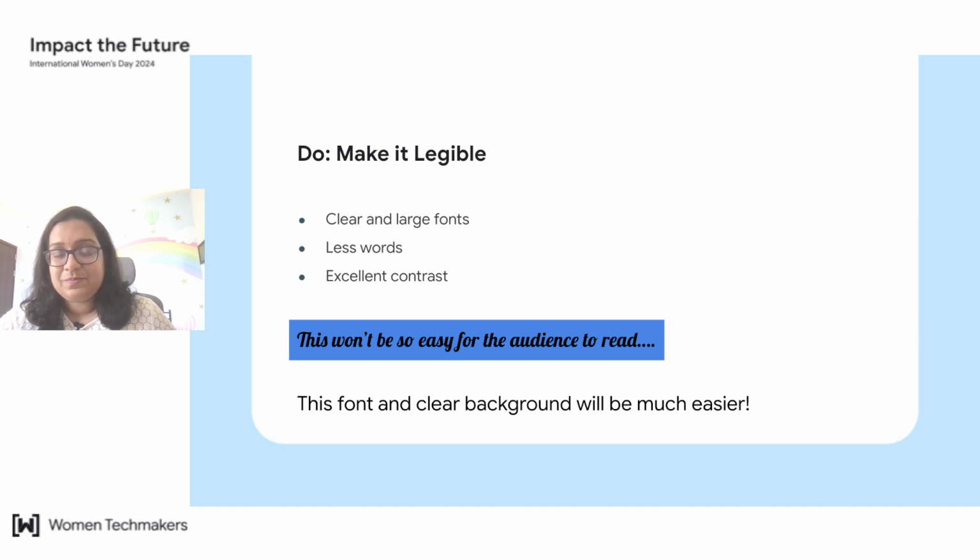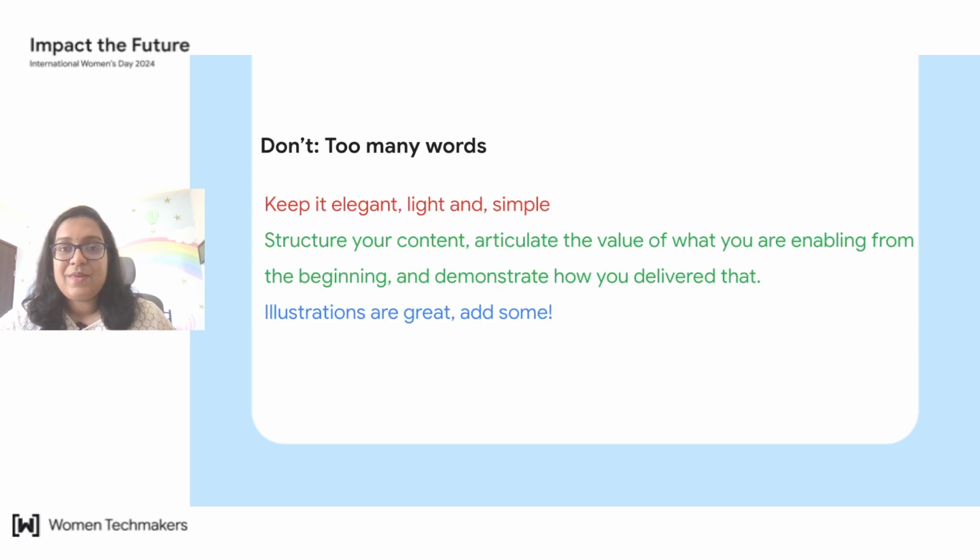Like you will see one really fancy text and one very simple text, but trust me, the information overload on the brain is much higher when there is so much of color and font in your text, right? So you see, this won't be so easy for your audience to read, but the simple and the plain text will be more clear and easier for your audience to consume, right? So try and use larger fonts, less words, do well on contrast.